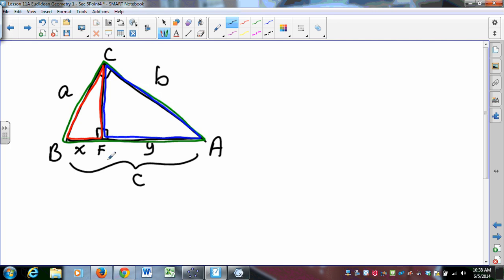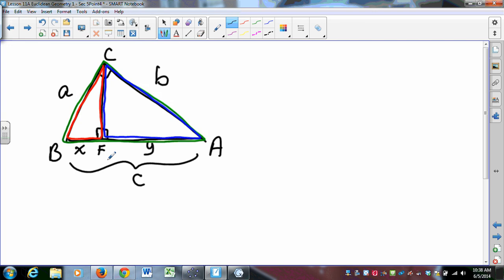And so the blue triangle is similar to the green triangle by angle-angle similarity. But if the red triangle is similar to the green triangle and the blue triangle is similar to the green triangle, then the red triangle is similar to the blue triangle. I have three right triangles that are similar each to the other two.